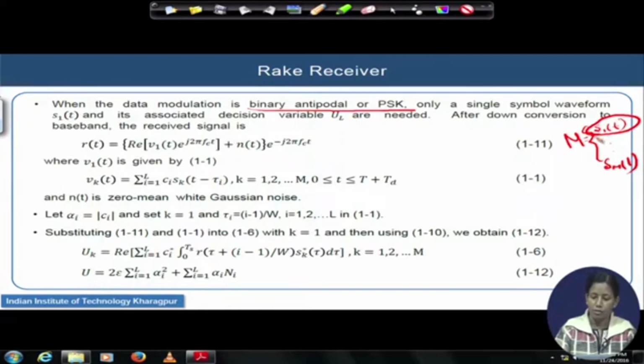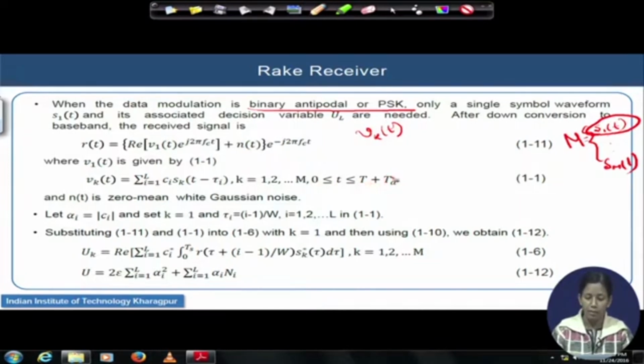After down conversion of this s1(t), the BPSK modulated signal, the down converted signal will look like equation 1-11. We started with a received signal vk(t), and the expression for vk(t) is in the last equation of the last module. Here T was the symbol duration, and t can vary from 0 up to T plus Td, where Td is the delay.